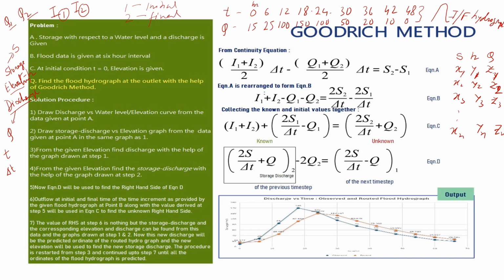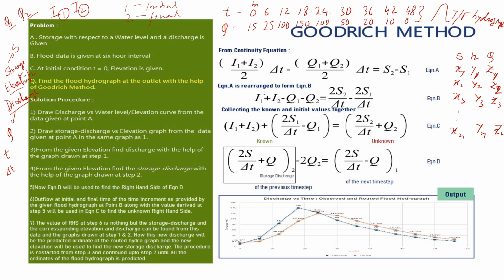That means suppose suddenly a large amount of rainfall takes place within a short amount of time, within 48 hours. That rainfall will create some discharge or runoff, which will come into the channel, flow through the channel and enter the reservoir.